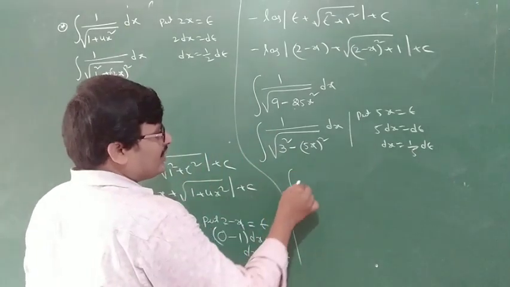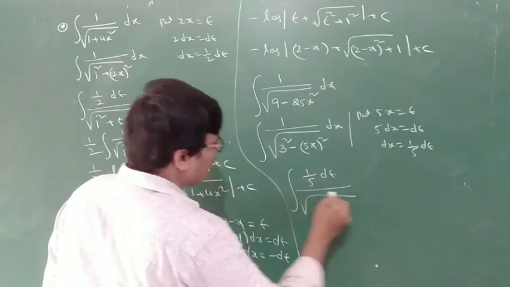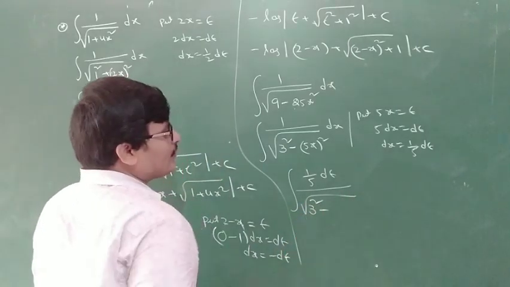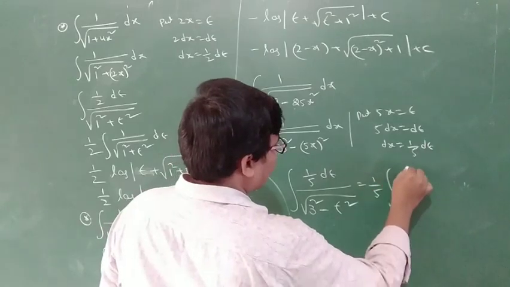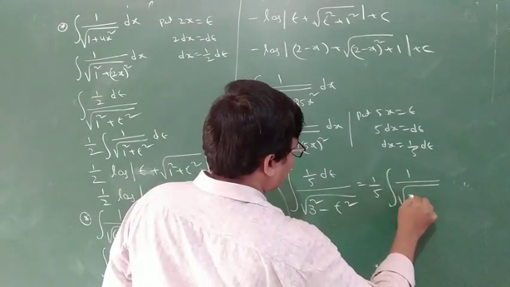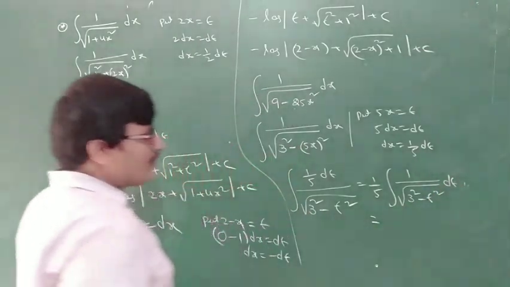So the integral becomes 1 by 5 dt by root of 3 square minus t square, that is 1 by 5 into the integral of 1 by root of 3 square minus t square dt. What is the formula?